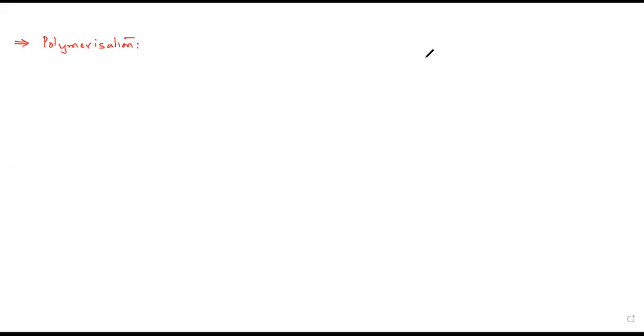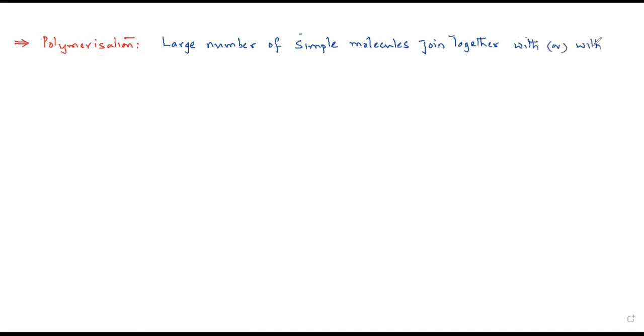See, polymerization is a process in which a large number of simple molecules join together with or without the elimination of simple molecules to form a big molecule. Simple.